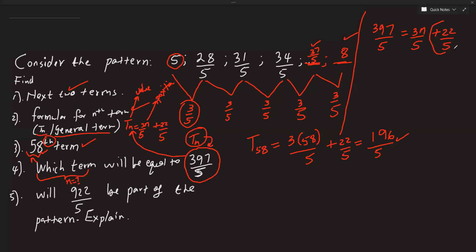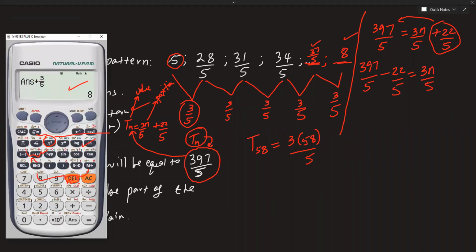Then obviously this part must go that side. So I have 397 over 5 minus 22 over 5 equals 3n over 5, right? Awesome. And then let's check on a calculator how much we're going to get.